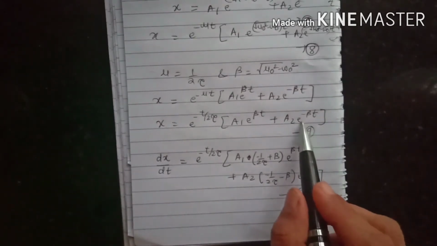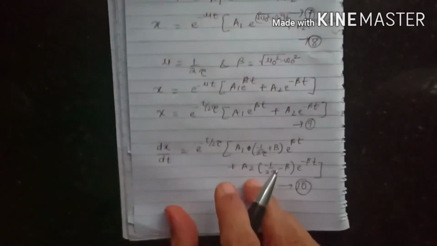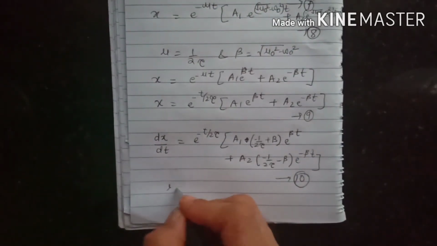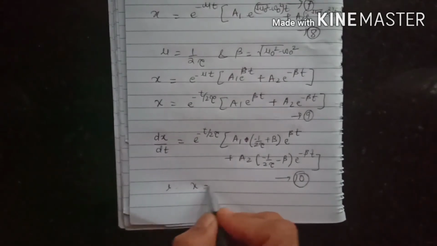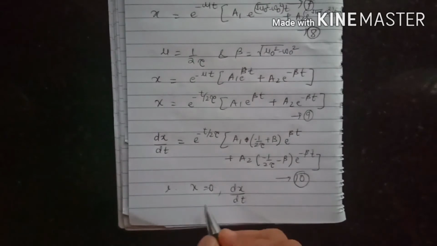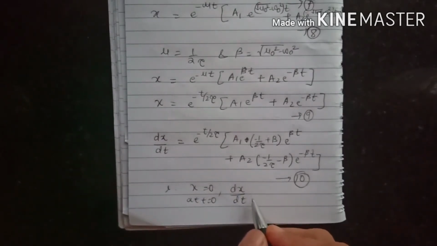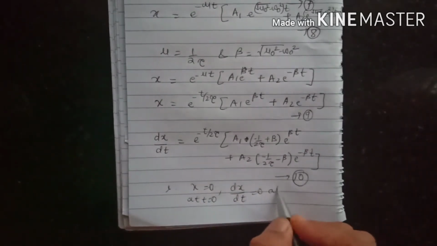So we will write equations 9 and 10, and then solve these equations to get a1 and a2. We consider x equal to 0 at t equal to 0, and dx/dt equal to 0 at t equal to 0.